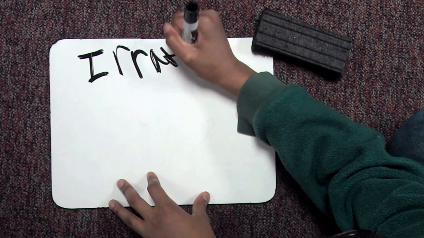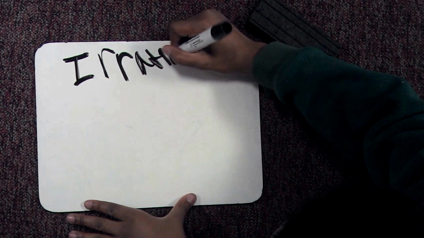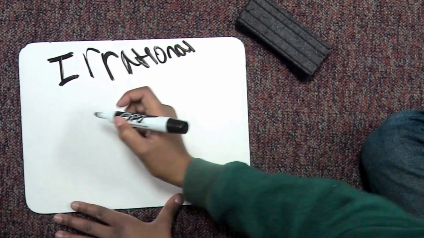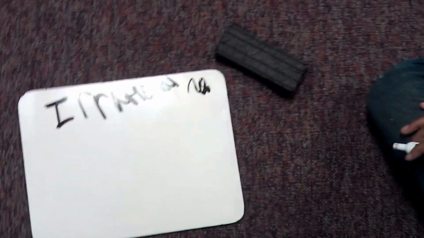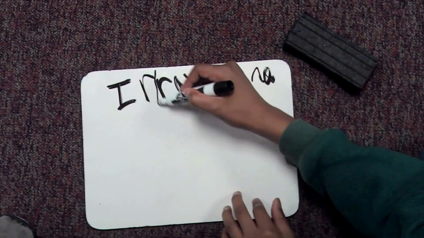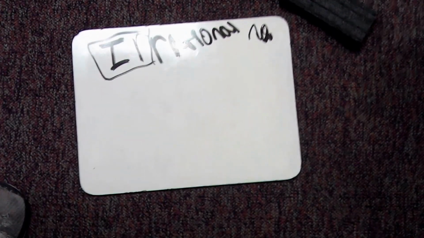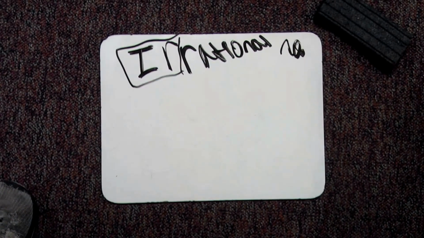It is called irrational. Or irrational. I prefer irrational. Irrational numbers. Now, what you notice here is that it's basically the opposite of rational.